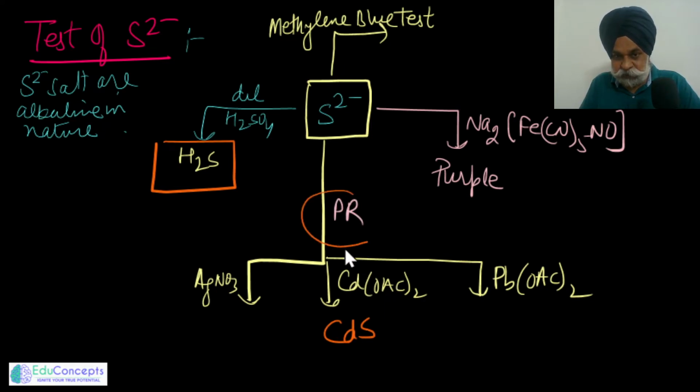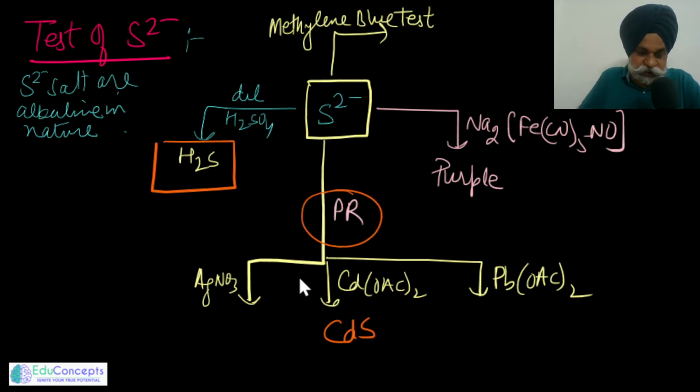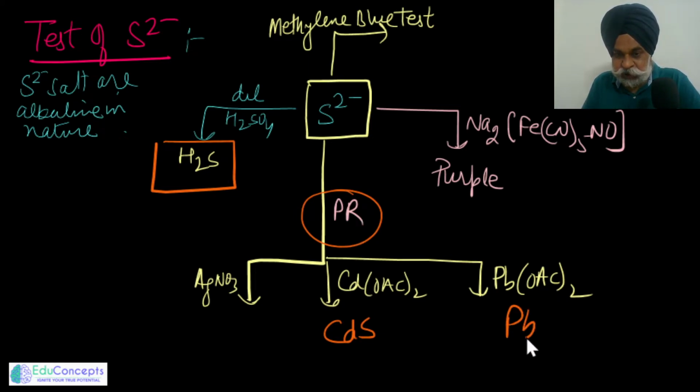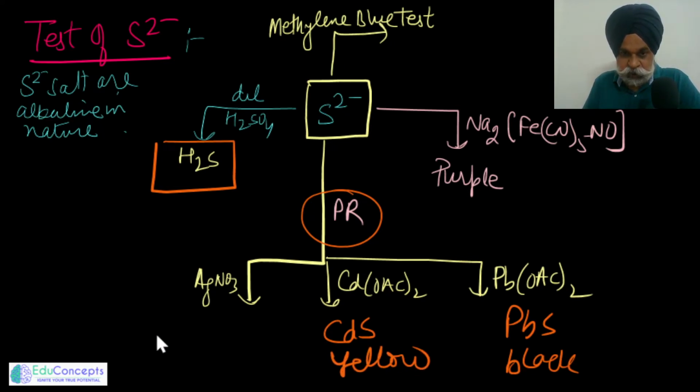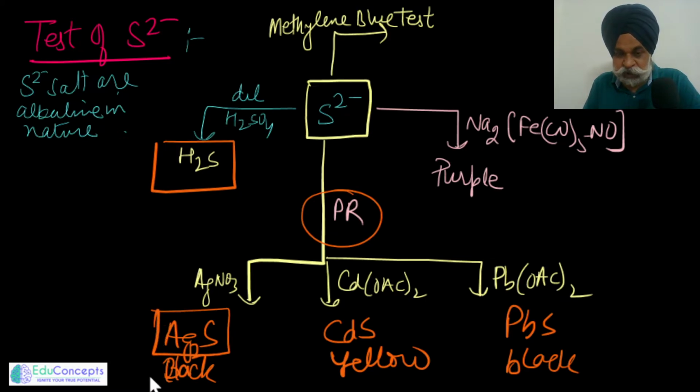If you want to detect sulfide ion by precipitation, then cadmium sulfide would have a yellow precipitate, lead sulfide a black precipitate, and silver sulfide a black precipitate, which would not dissolve in acid. That is what I was referring to.